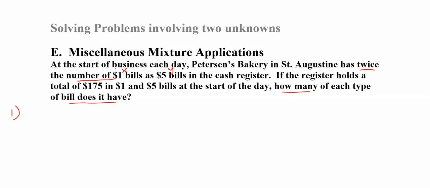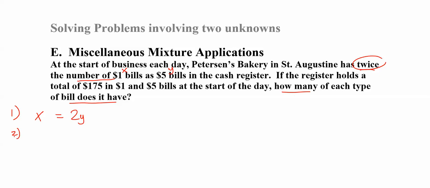So I have twice as many $1 bills as I have $5 bills. So my X, the number that I have for X, is going to be 2 times the number of $5 bills, so 2 times the Y. So that's called a comparison equation. So when you see words like twice or 3 times as many, it's a comparison of the two variables.